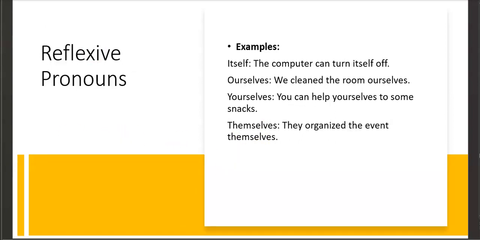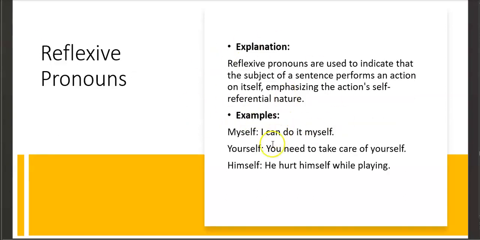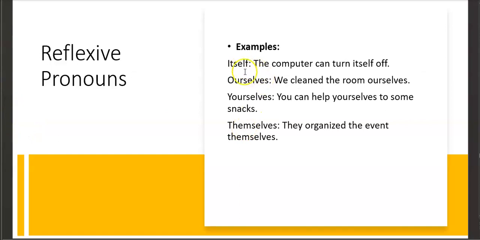Okay, so now we have examples here: itself, ourselves, yourselves, themselves. Okay, so you notice that these ones are the singular form. Myself, yourself, himself are the singular form. Okay, but when you have things like ourselves, yourselves, themselves, they show the plural form.